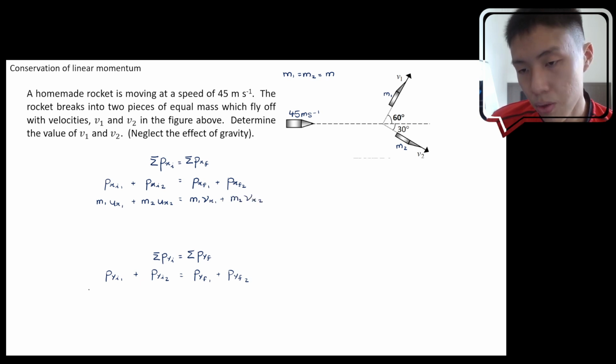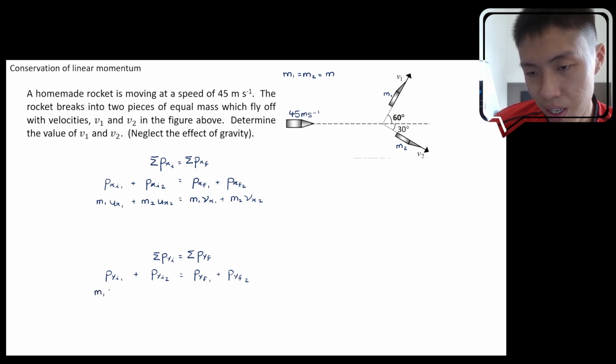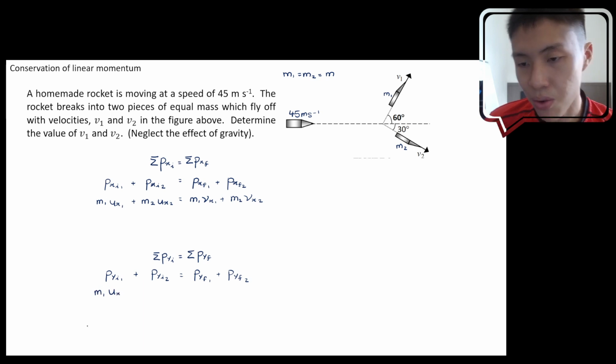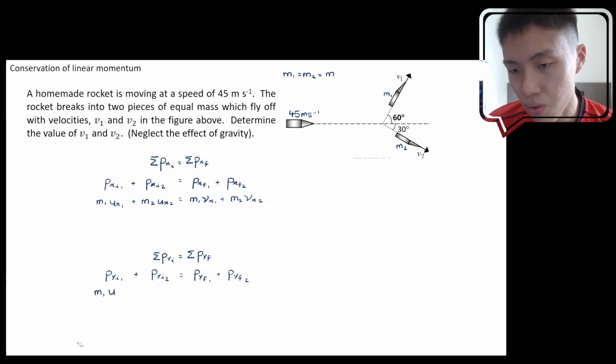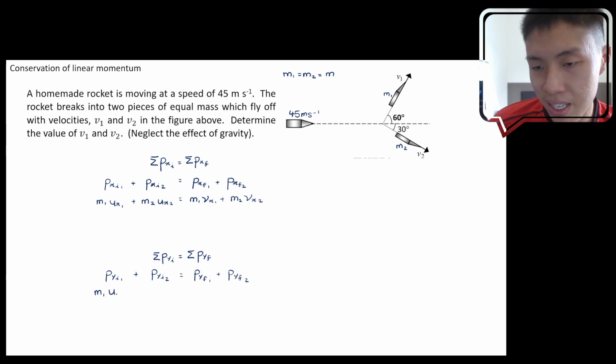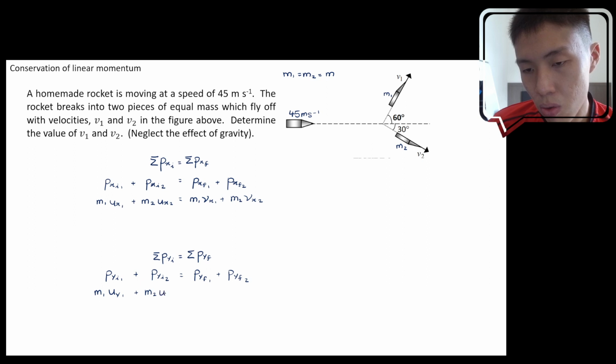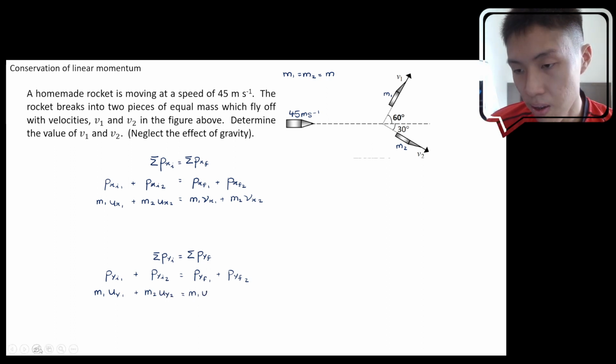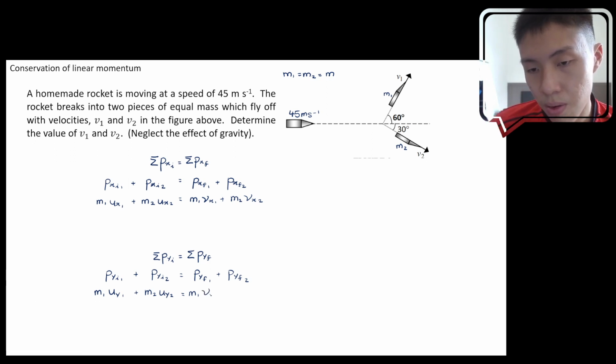Okay, you can further open the y as well. I can do x first then do y, but since I'm doing it like this, I'll just continue. m1 uy1 plus m2 uy2 is equal to m1 vy1 plus m2 vy2. Okay, so now it's just substitution.